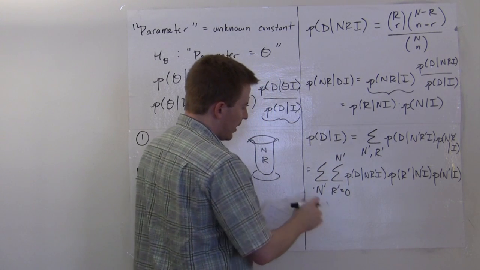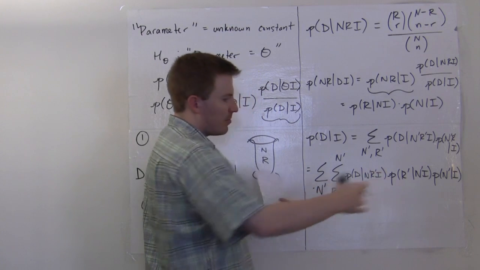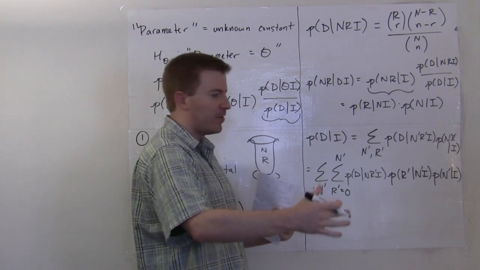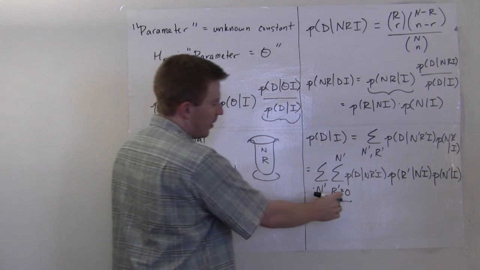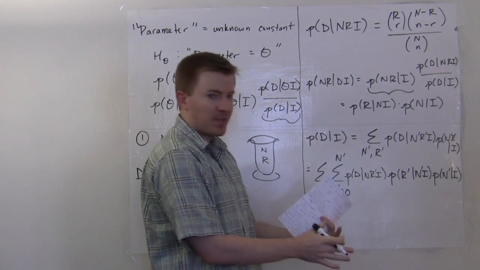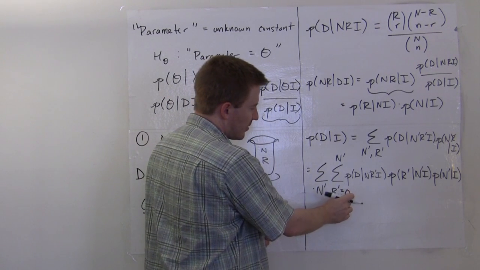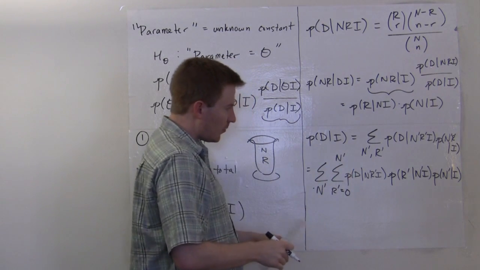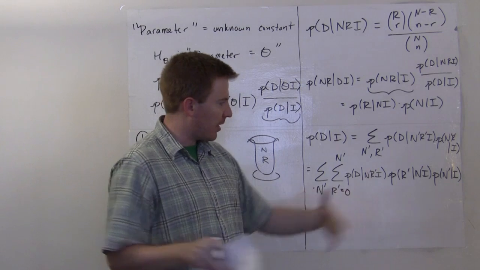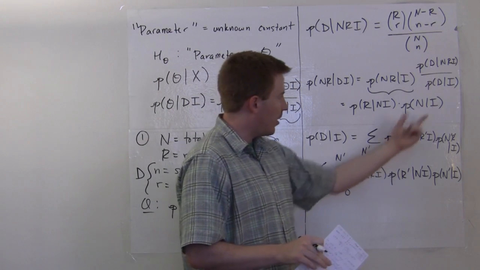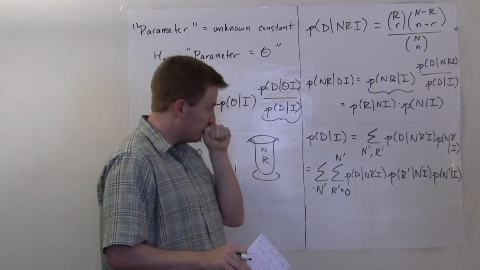Once we've picked a value of n prime, n prime is the number of balls in this other fictional urn with some total number of balls. R prime is some subset of that, the number of them that are red, so it can only vary between 0 and n prime. So this is the full expression for the denominator term, which is our total probability of the data.